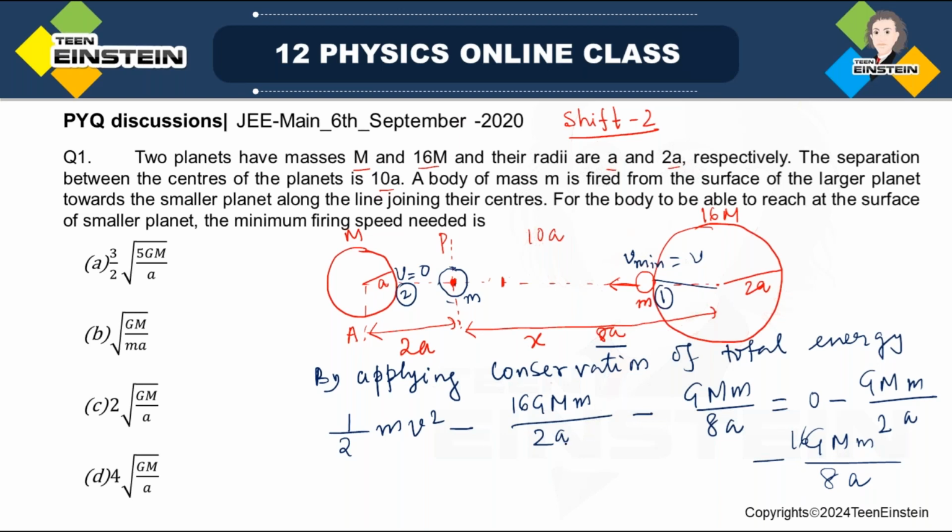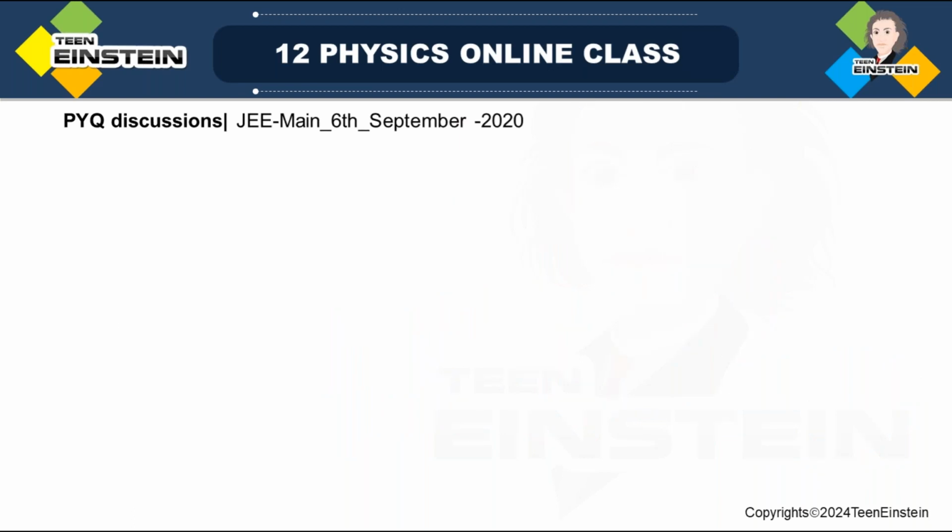All right, so if we now simplify for V, what are we going to get? Up to this, I'll just rewrite. I have got half mv square, that is the kinetic energy.